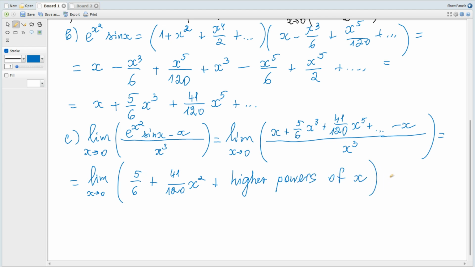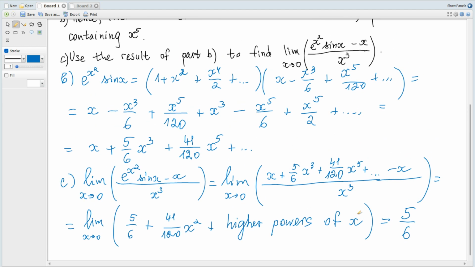To be clear, if you substitute 0 for x, you get 0, so you get 5 over 6 plus 0, so this limit is equal to 5 over 6. And that's all for this question.